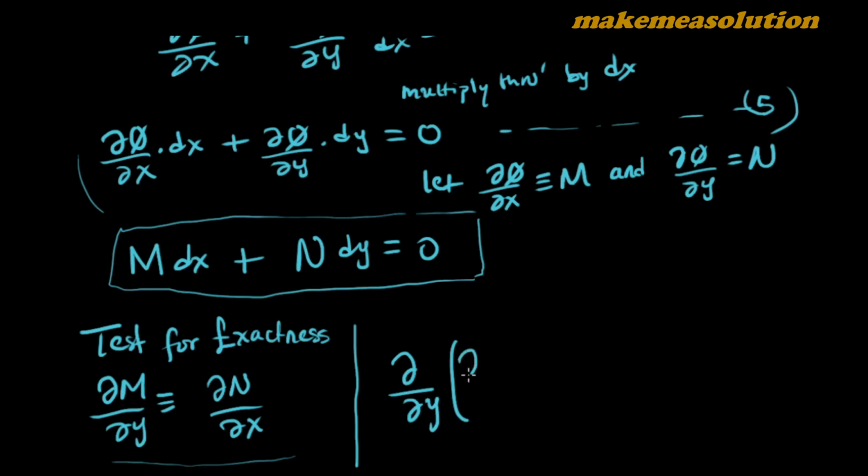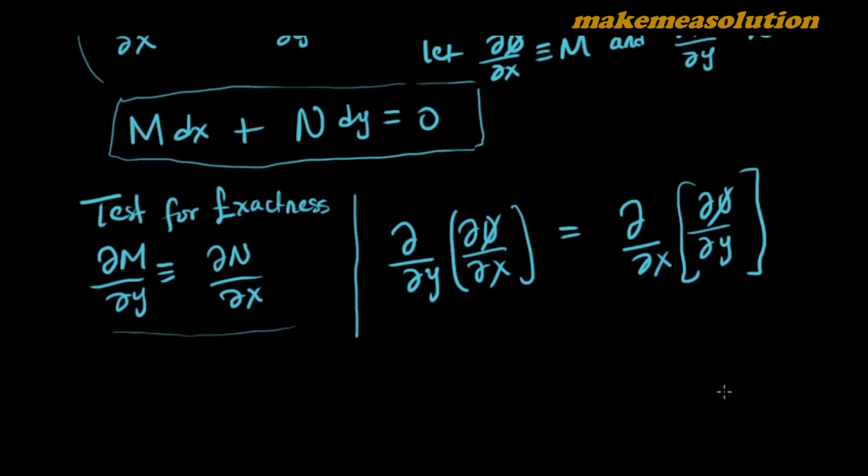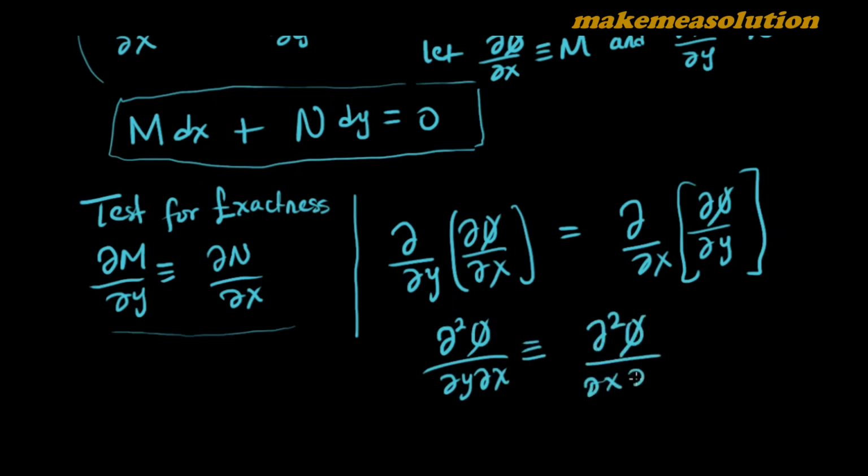M is del phi del x, and this should equal the partial derivative of N with respect to x. And what is N initially? N is del phi del y. If we solve this together, what we get is del 2 phi over del y del x should be equal to del 2 phi over del x del y.